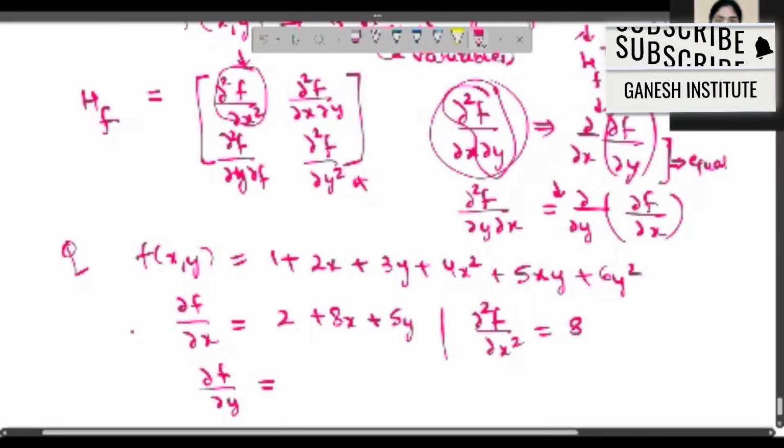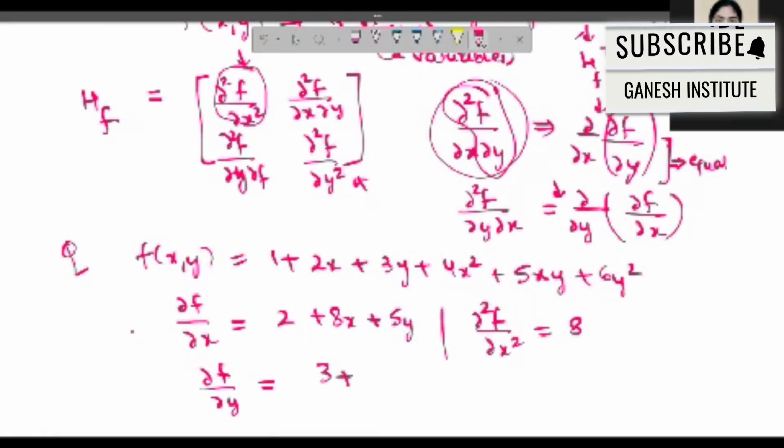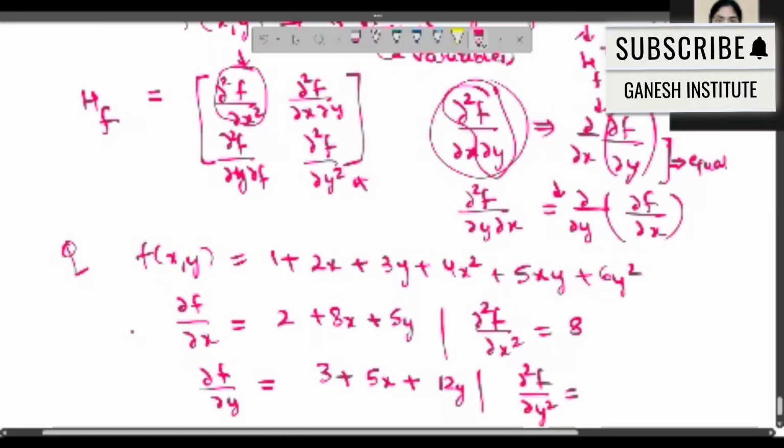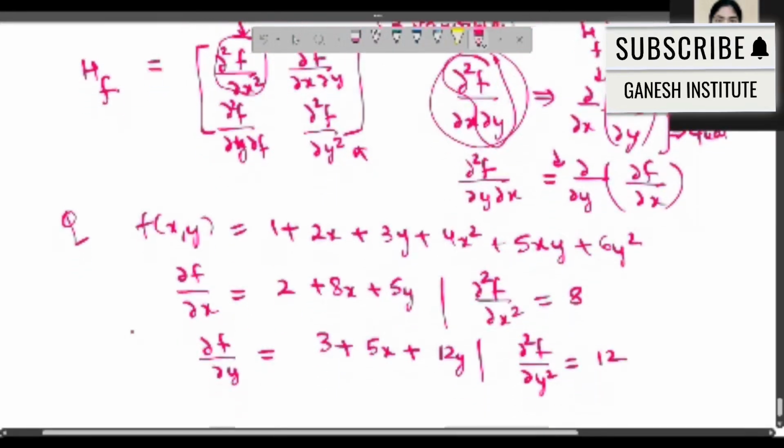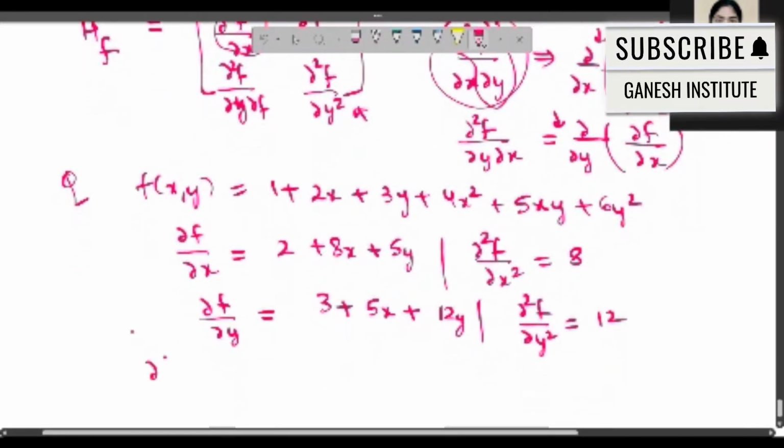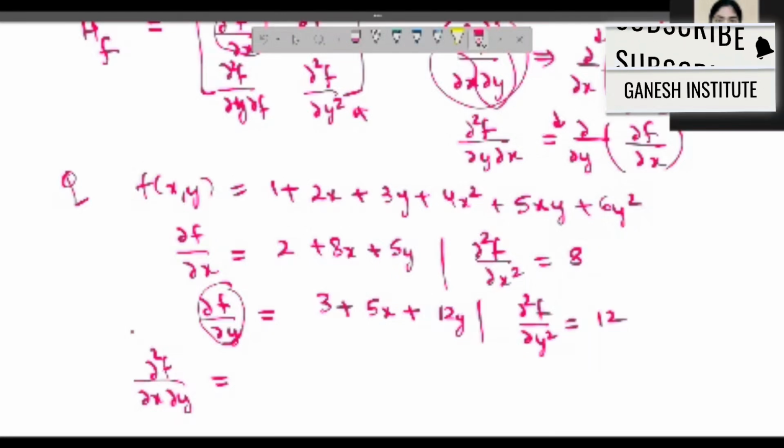Then let's find the other one. The derivative with respect to y is 3 plus 5x plus 12y, and the second derivative is going to be 12. Now comes the cross term: firstly I have this, and then I do it with respect to x, which is 5.